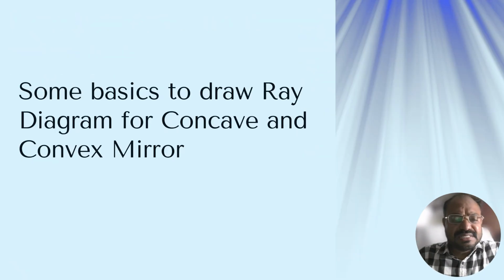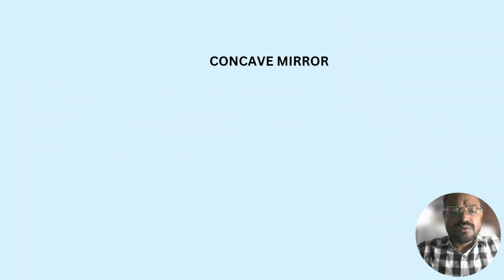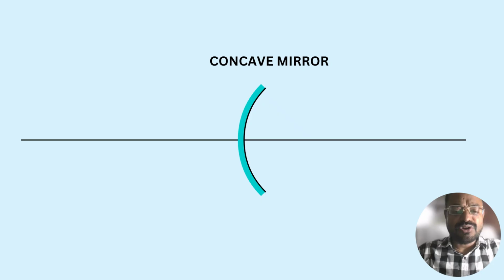Now let us learn some basics to draw ray diagrams for concave and convex mirror. First, how to draw the ray diagram for a concave mirror. Draw a concave mirror showing the reflecting and non-reflecting surface, and draw a straight line intersecting the concave mirror. The intersection point we call capital letter P, which is called the pole of the mirror.